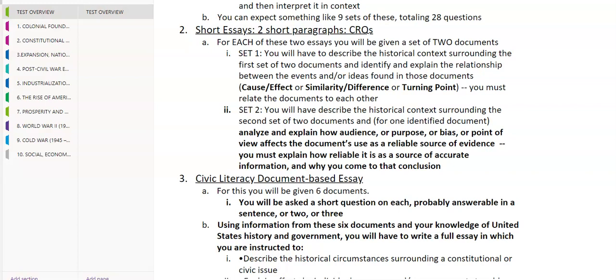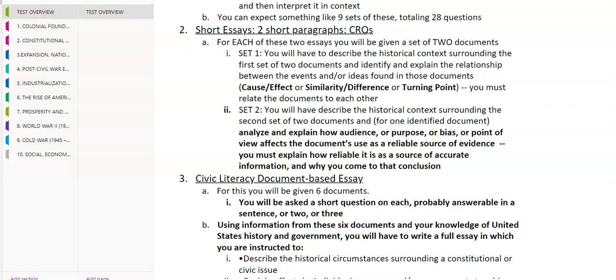In other words, you're looking for cause and effect, similarity and difference, or turning point. You should be aware of those ideas from your class, but I will point out to you, you must be specific.